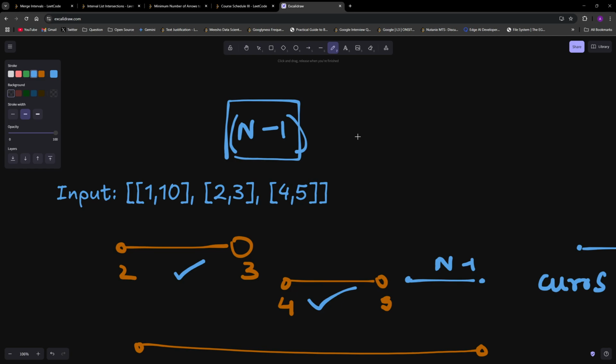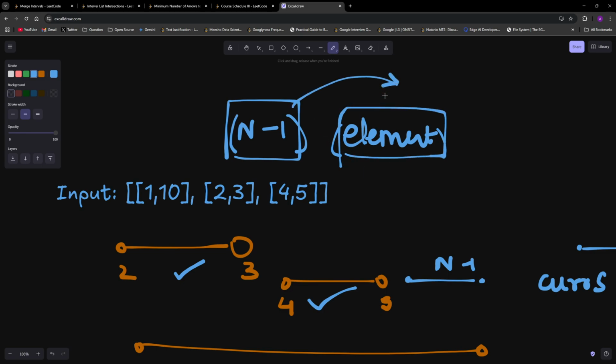And as soon as one given element comes and breaks the whole overlapping logic, you need to pop all of this. You need to remove these entries such that this element is not causing an overlap. And in the worst case, you have to remove n minus 1.